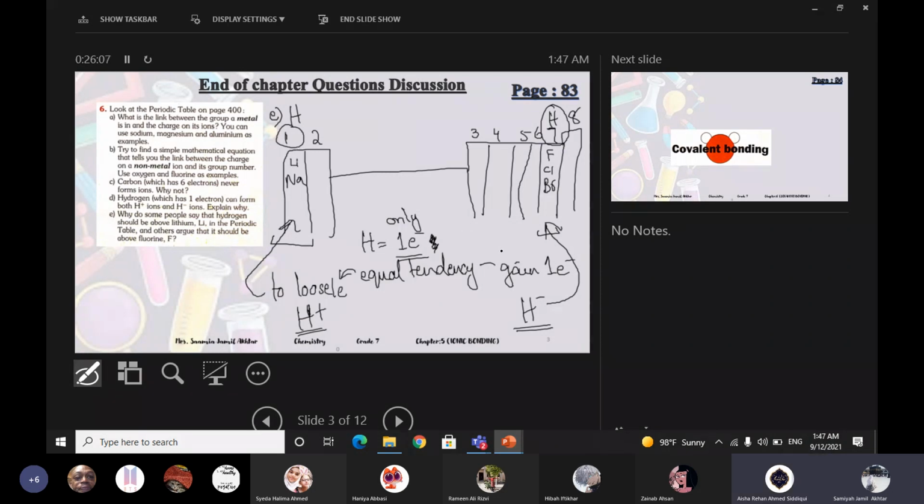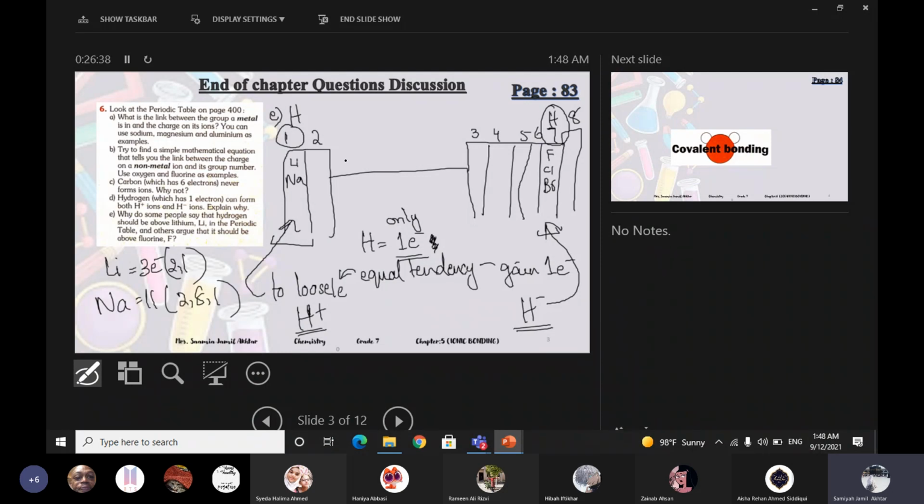Teacher, where should it really be? It is actually in the periodic table above lithium in group 1. They place it in group 1 because it has one electron in the outermost shell. All of these metals have one electron in the outermost shell. Lithium has 3 electrons, so it is 2, 1. Sodium has 11 electrons, so it's 2, 8, 1.